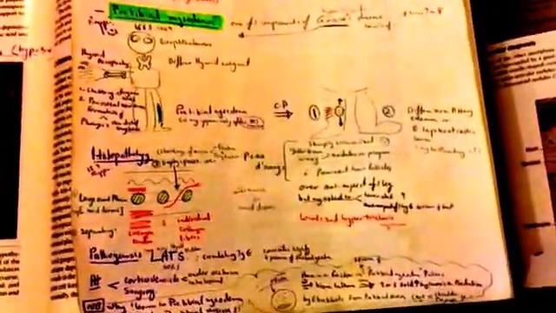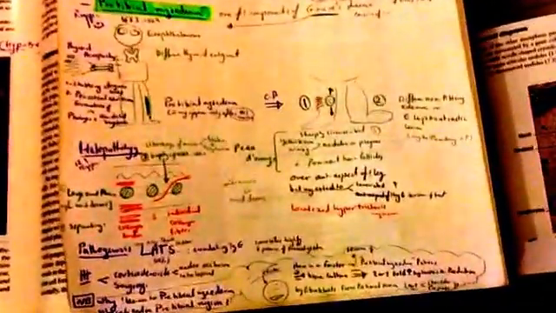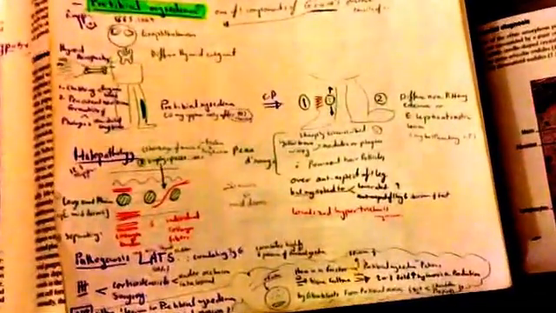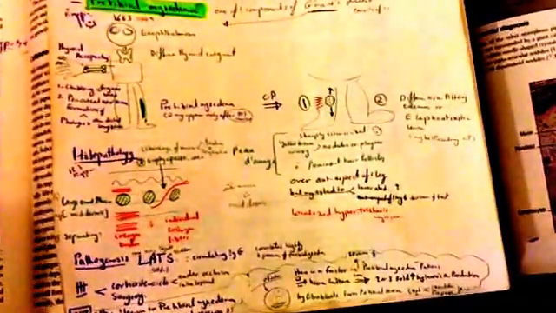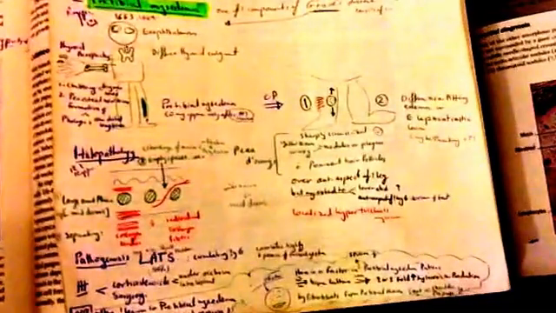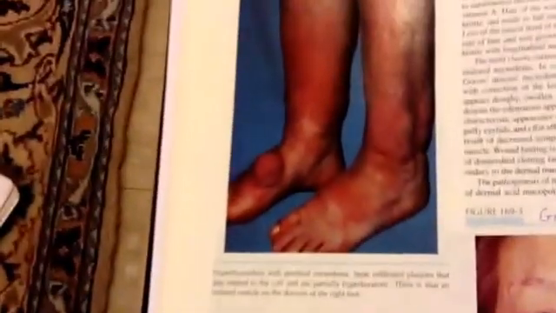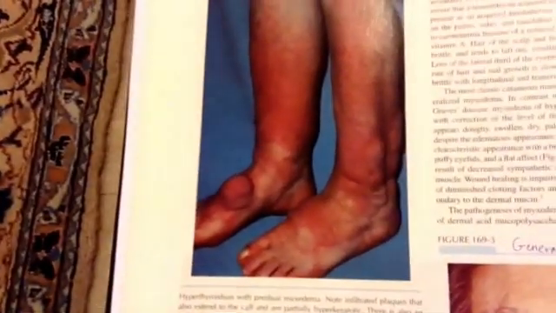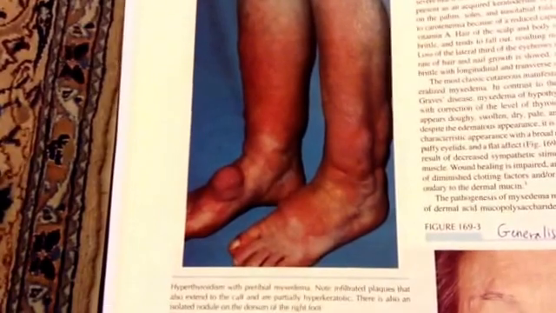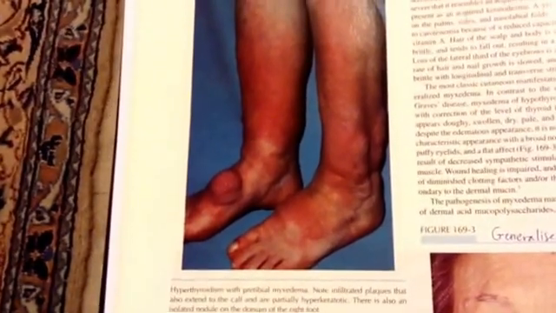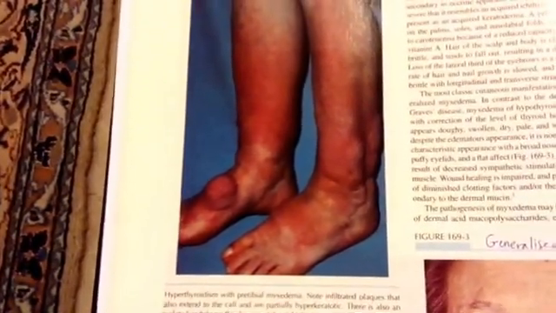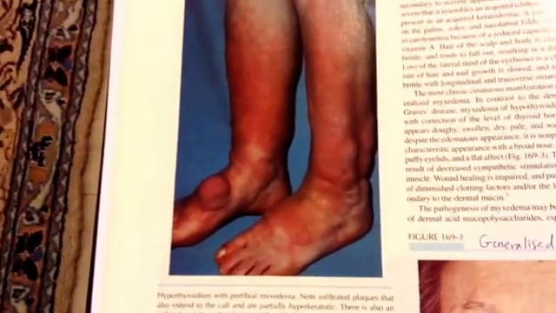The pretibial myxedema is a part of Graves' disease, which, as we said, includes the exophthalmos, thyroid acropathy, the diffuse thyroid enlargement, and pretibial myxedema. We can see here the clinical picture of pretibial myxedema. This is an infiltrated plaque that extends to the cuff and is partially hyperkeratotic.